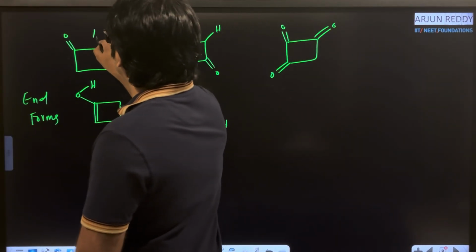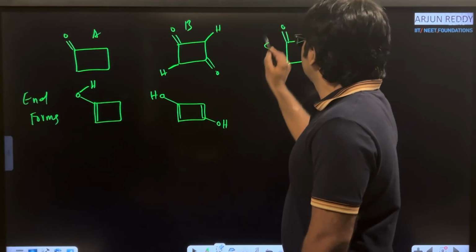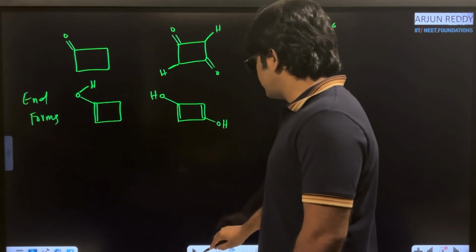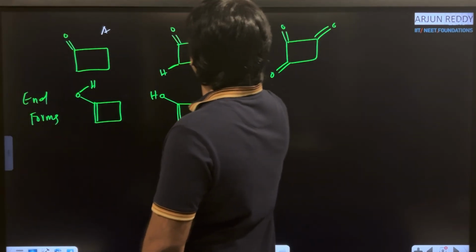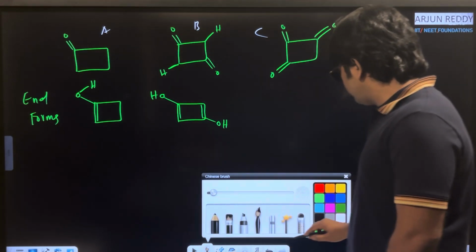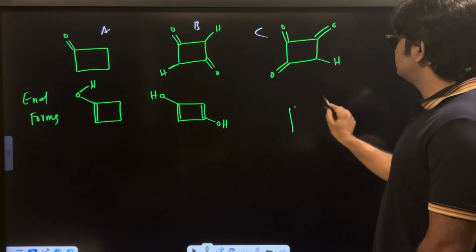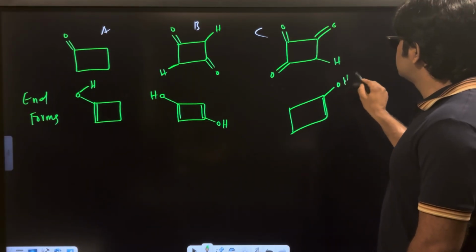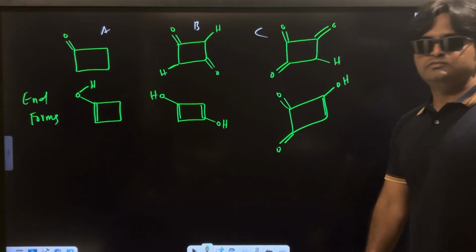Otherwise you can write A, B and C also. Just for comparison, I am taking A, B and C. And what is the enol form of the third molecule? From here you can use the hydrogen atom. Then what is the result? Double bond OH, O, double bond O, again double bond O. That is the enol form.